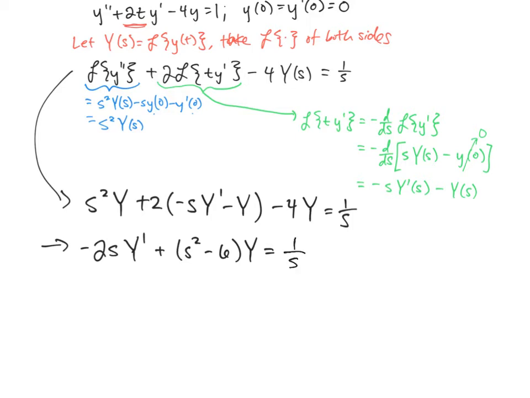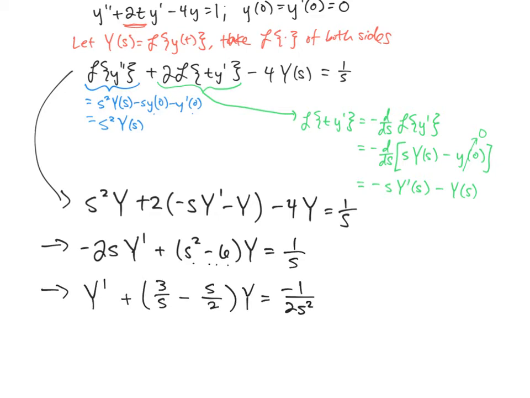Now we'll divide by the negative 2s, and we get y prime plus 3 over s minus s over 2, which is what you get when you divide the stuff in the parentheses by negative 2s, times y equals negative 1 over 2s squared.